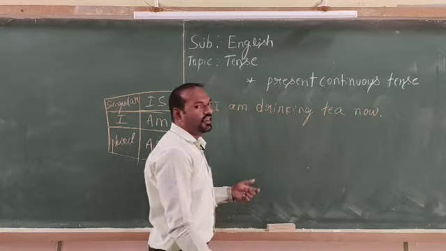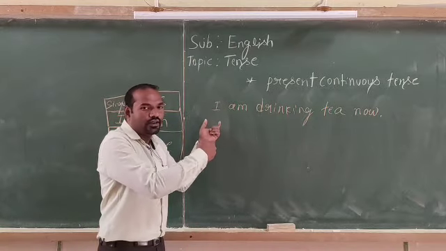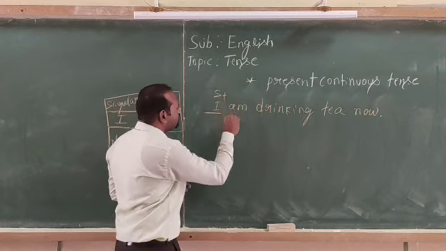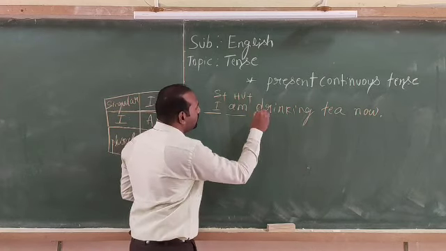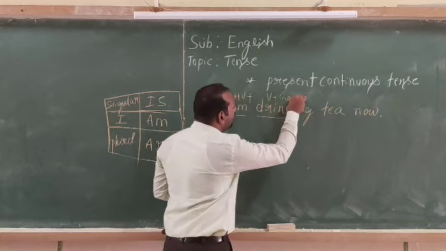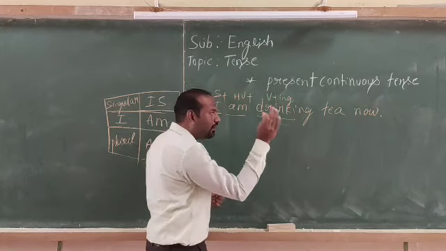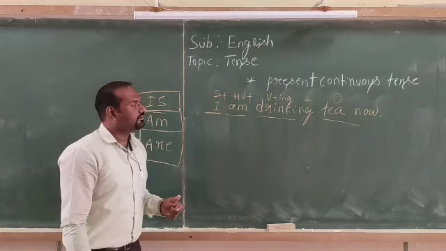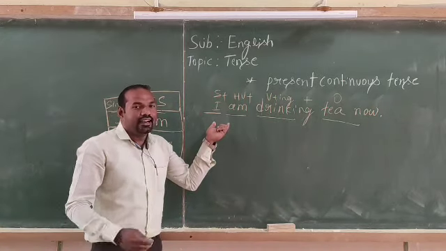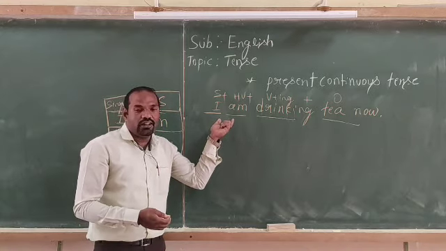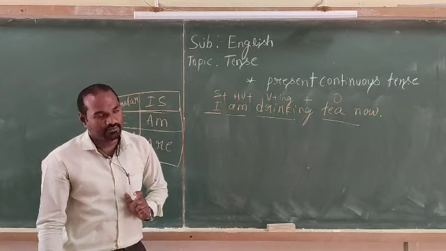In this sentence, when I bifurcate the sentence, 'I' stands for subject, 'am' stands for helping verb, and 'drinking' stands for verb plus ing, also called a present participle, and the remaining sentence is called the object. When we read the sentence, it gives us a positive meaning. That is why it is called an affirmative sentence.